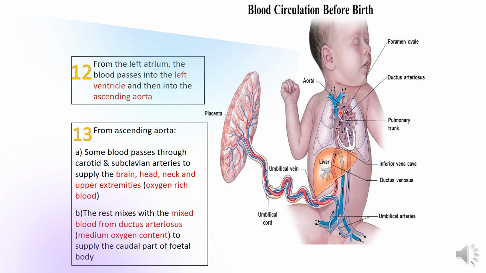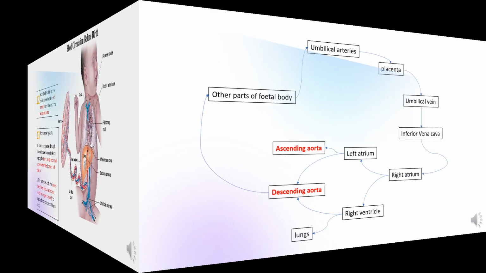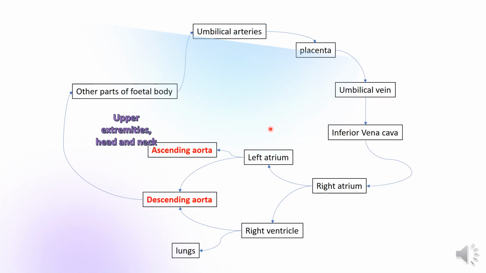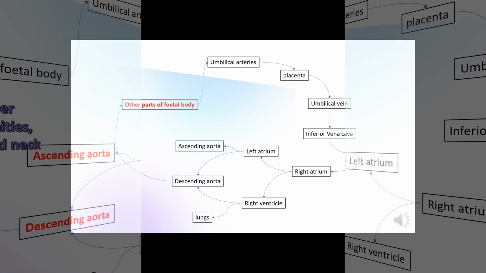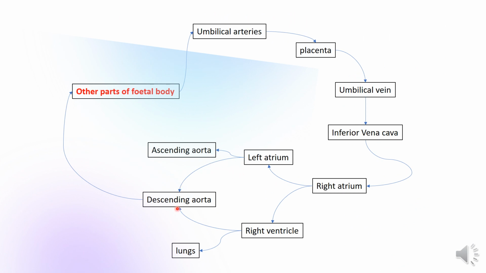The rest of the blood will mix with the blood from the ductus arteriosus and supply the caudal part of the fetal body through the descending aorta.